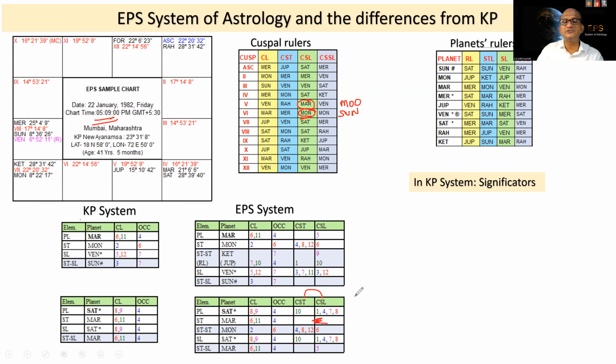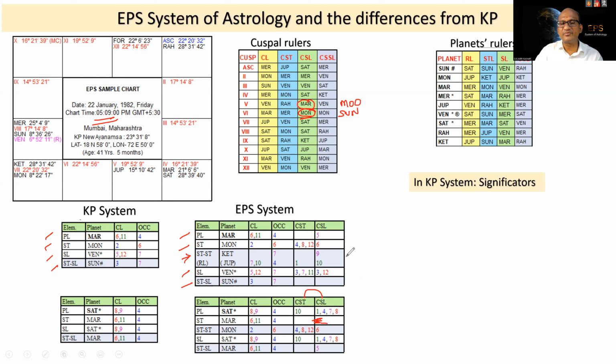But what we have to understand is the difference between the KP system and the EP system method of analysis in finding the strength or signification of a planet. One more thing: in KP we take only the planet, star lord, sublord, and star lord as the sublord. But in EPS, apart from these 4 levels, we take the star lord of the star lord also in addition to that.